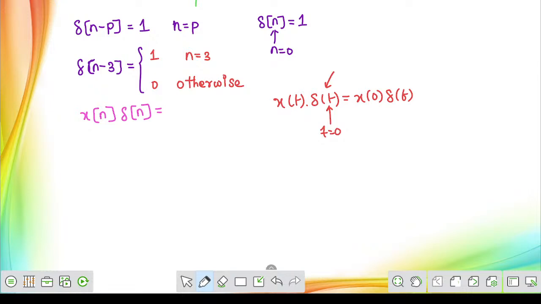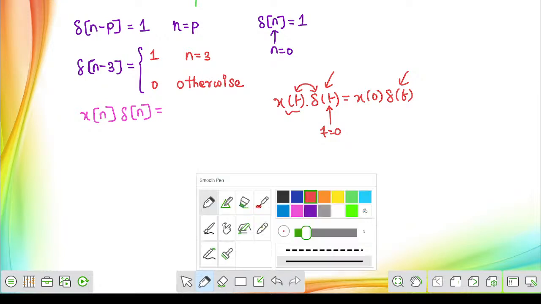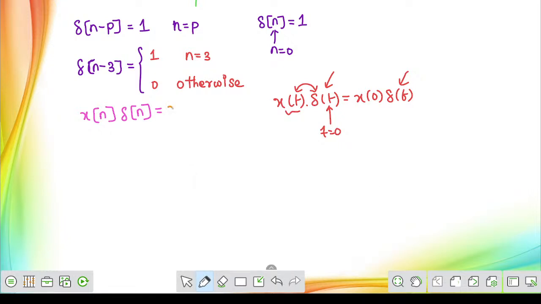In all other places, the value of the impulse function is 0. If it is 0 in all other places, and I am multiplying with some other function, this other function will exist only at the location of the impulse function. So like that, if you are multiplying x of n with del of n, then since del of n lies only at the origin, you will have to write down your answer as x of 0 into del of n.